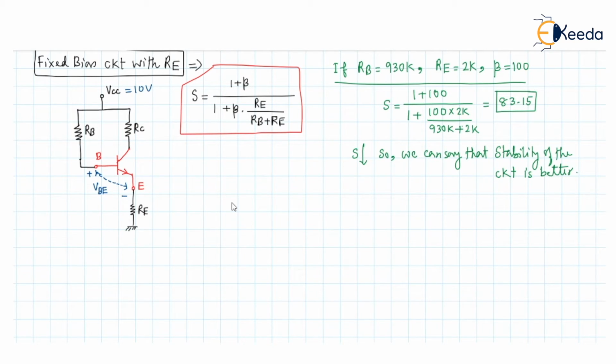Now if we go for further betterment of the stability, then we have to go for the collector to base bias, another type of circuit. So let us move to the collector to base bias circuit.